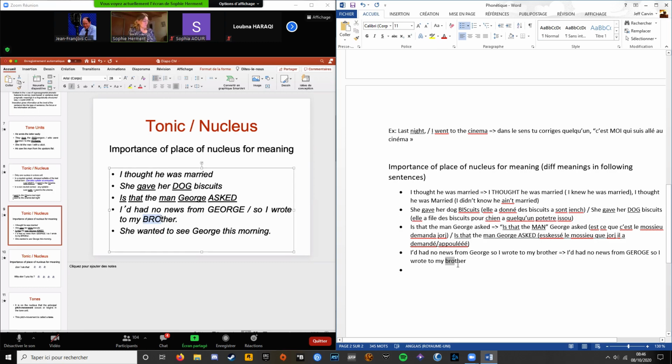Now, if you don't place an accent on brother and place an accent on wrote and say, I had no news from George, so I wrote to my brother, it means that you consider brother as already known, as given information. And if brother is given information, what does it mean? It means that George is your brother.